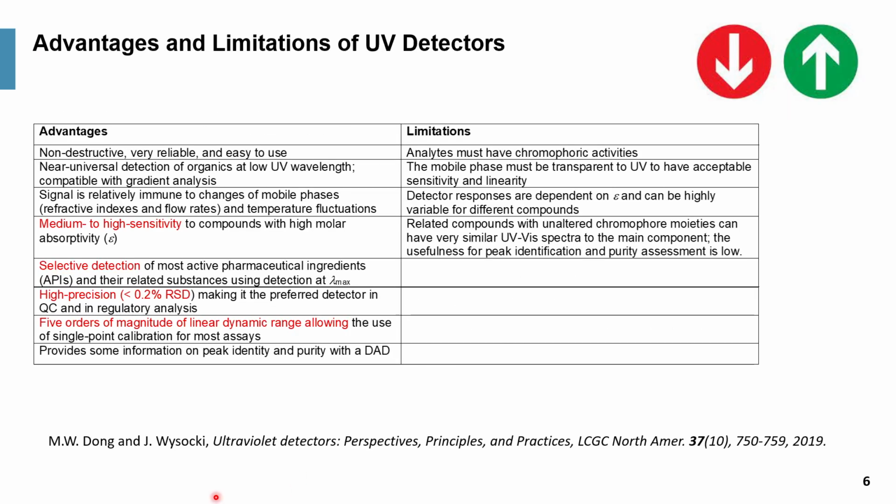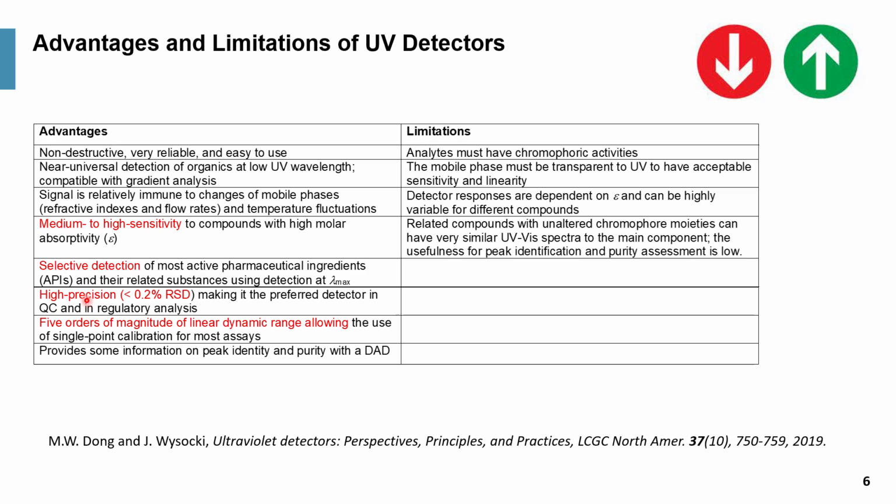Here, this table summarizes the advantages and limitations of UV detector. And once again, we will only look at some of the highlighted attributes. First of all, it's medium to high sensitivity detection, very selective detection for chromophoric compounds.